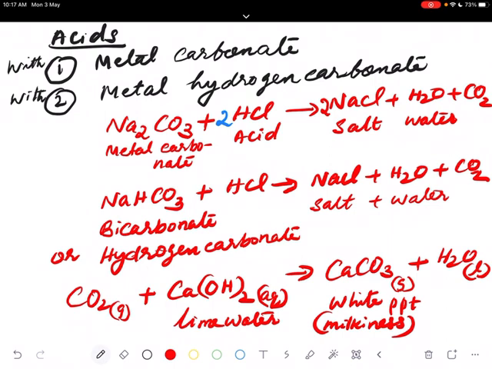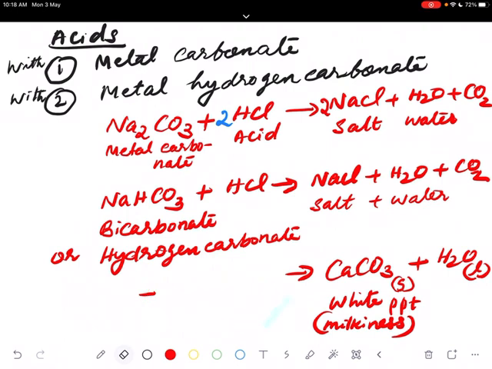If you pass this carbon dioxide for a longer time, what will happen? The milkiness disappears. That means when you pass excess carbon dioxide, this is the thing in the test tube, and to this we are passing excess carbon dioxide.